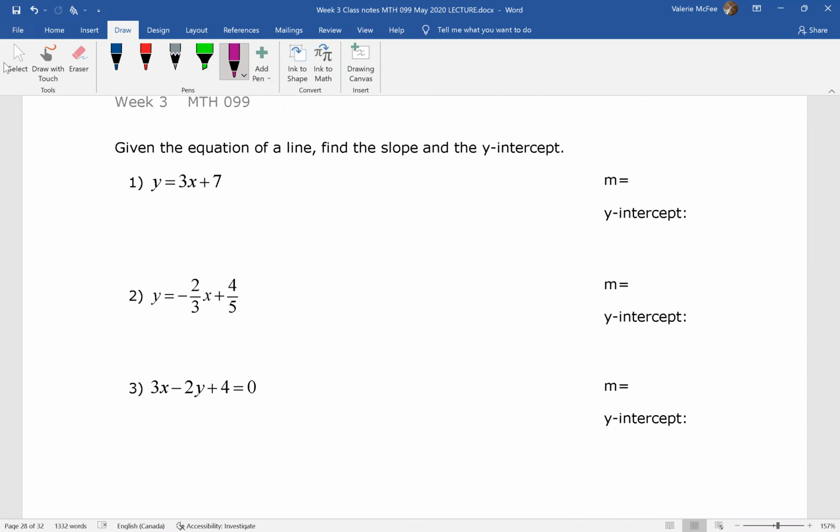Okay. Given the equation of a line, let's find the slope and the y-intercept. In question 1, we see that the slope is 3. The y-intercept is b.